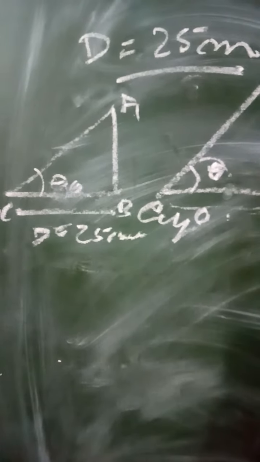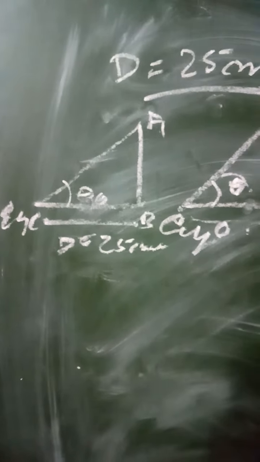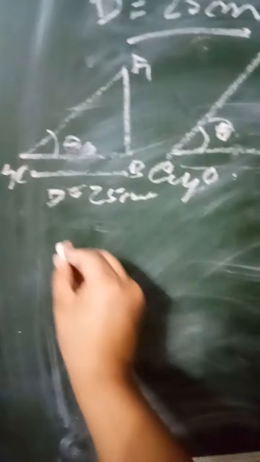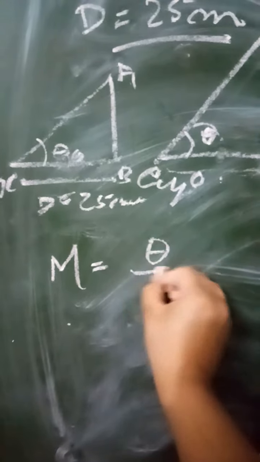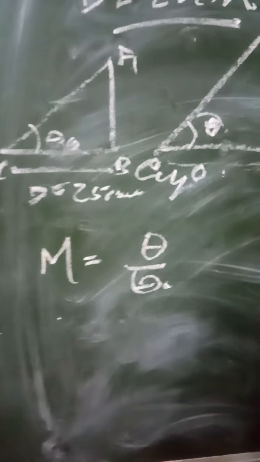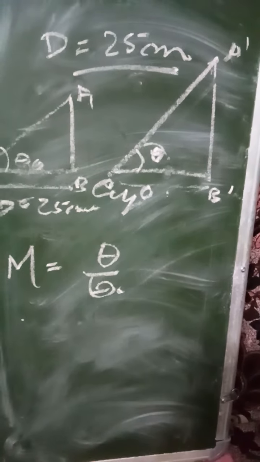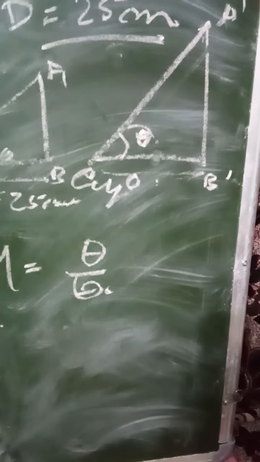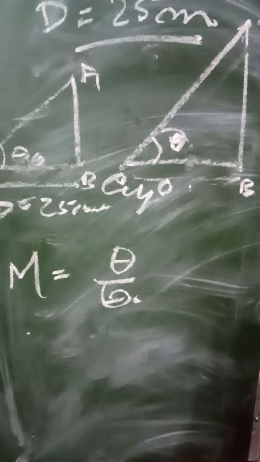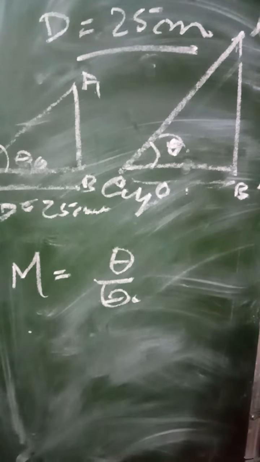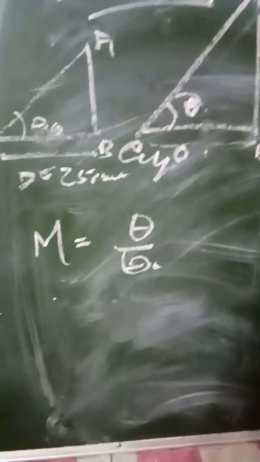So the angular magnification of the microscope that we have to discuss, that is M, is theta by theta naught. That is, the angular magnification M is equal to theta, the visual angle of the image, by theta naught, the visual angle of the object.